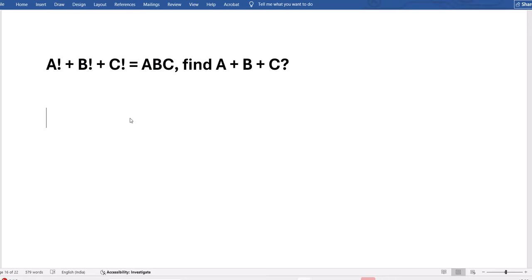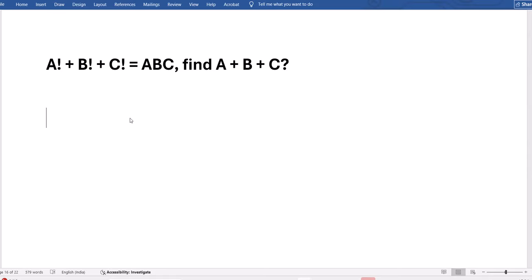What is 7 factorial? 7 factorial is 5040, which is a 4-digit number. So I cannot involve 7, 8, 9 in this ABC. Agree?